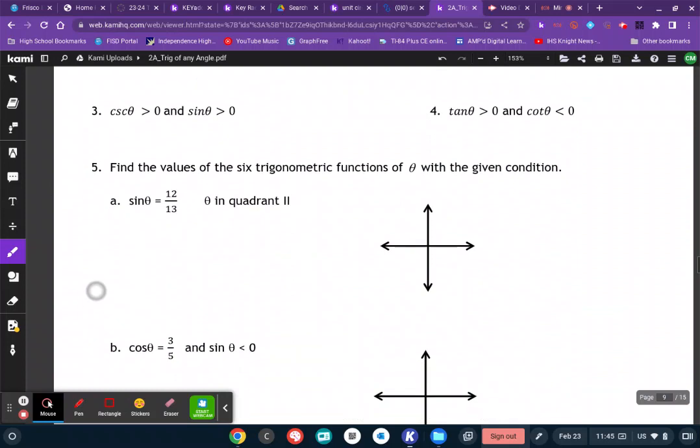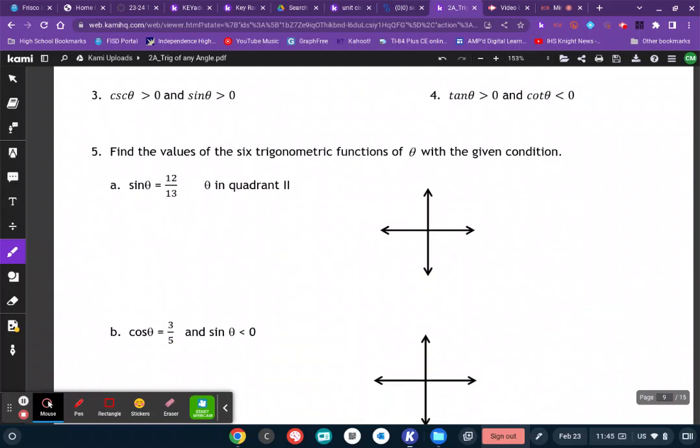On page 25, I would like for you to complete 3 and 4, and then 5A and B. That'll be your assignment for today, and that will then put us in a good place for next class, where we'll do more of the same, but having been given different information.